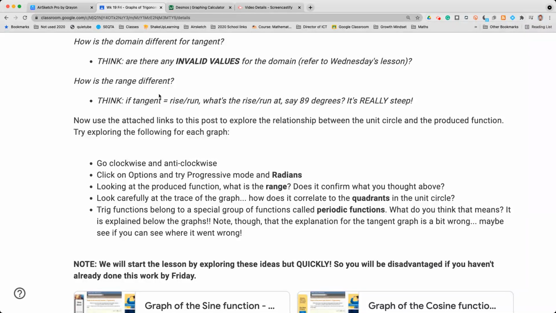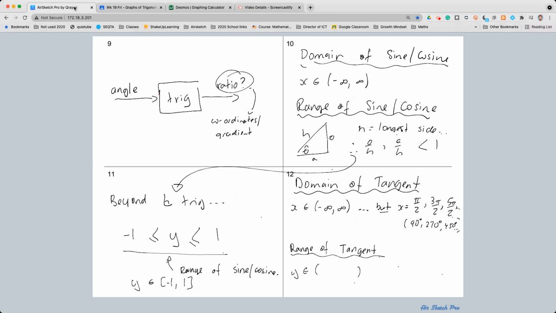That 0 divided by something is fine. So even 0 works. As we get closer to 90 degrees, which is straight up and down, it's getting really, really steep. So it's still legitimate. So we end up with the slope or the gradient being anything at all, including 0. So the range for tangent is -infinity to infinity.